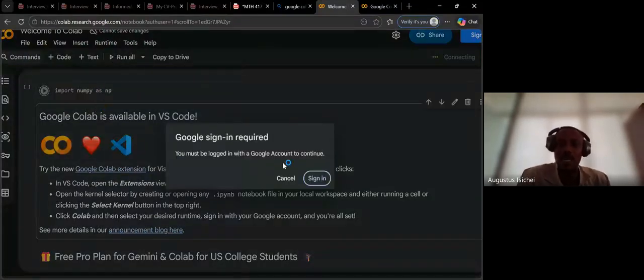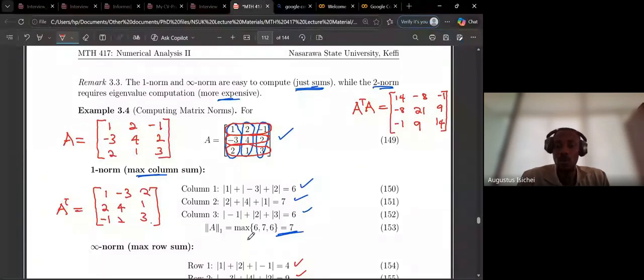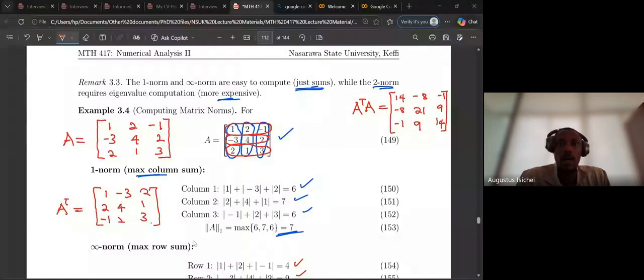I don't want to sign in now. You must log in to use. Oh, sorry guys, I don't want to sign into this. Let me open Google Colab with my other accounts. It seems that I just have to sign in before I can continue in Google Colab, and I don't want to use that.